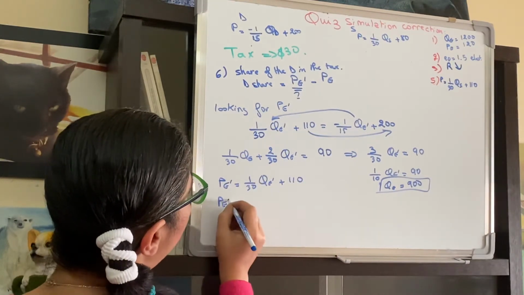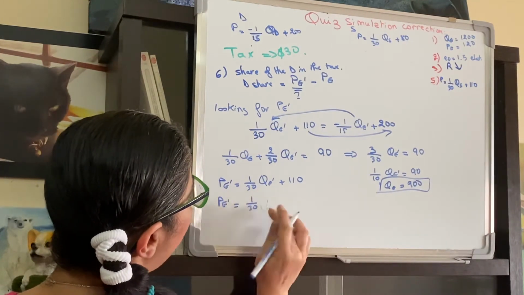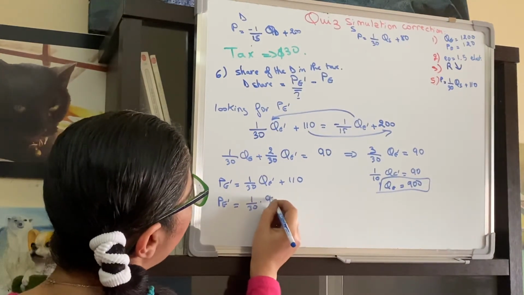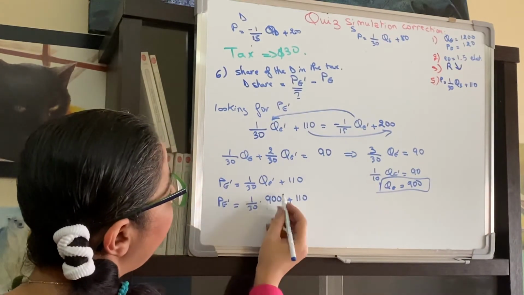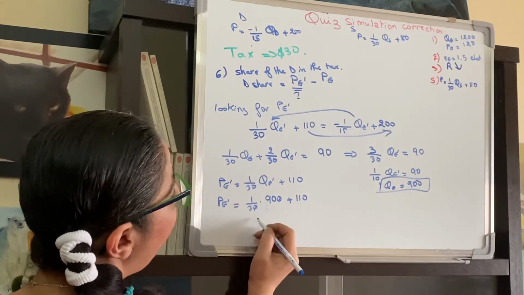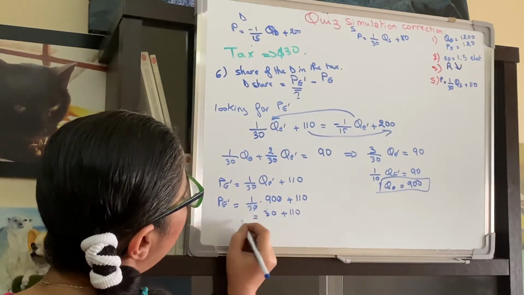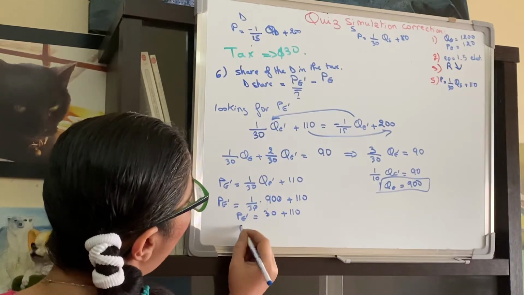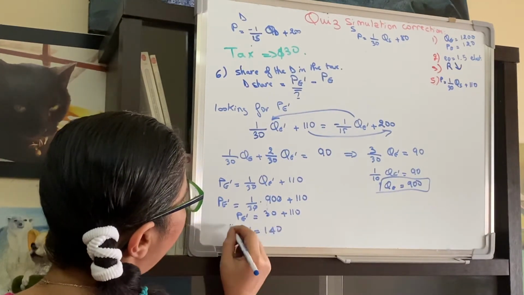So PE prime is equal to 1 over 30 times 900 plus 110. 900 over 30, that would be 30, plus 110 is equal to PE prime. So PE prime is equal to 140.